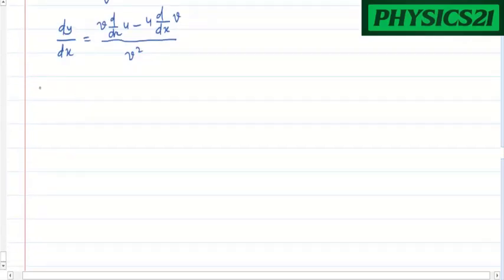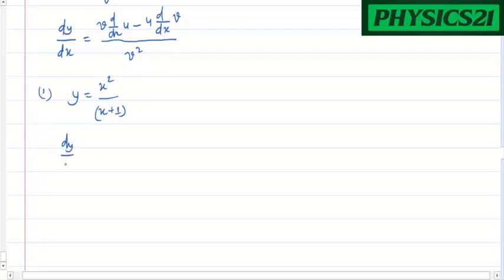Let the first example: we have to differentiate y is equal to x square divided by x plus 1. For this one we will use the seventh rule. What is the way to differentiate that?